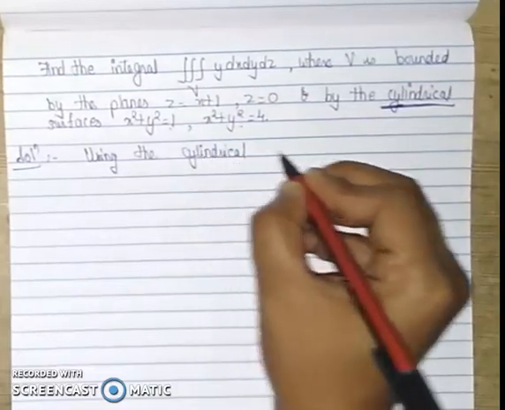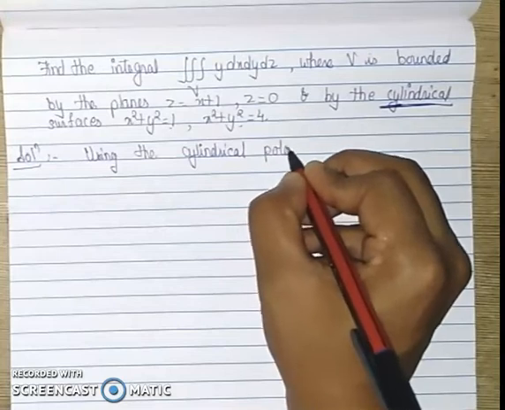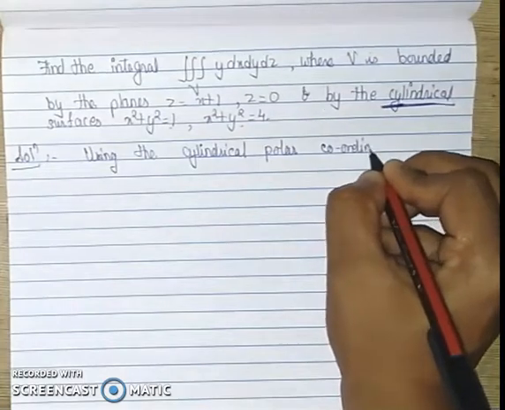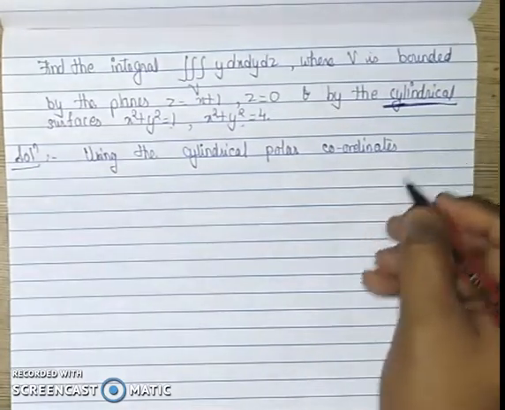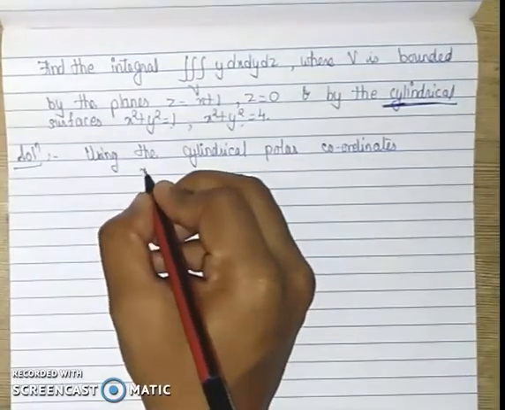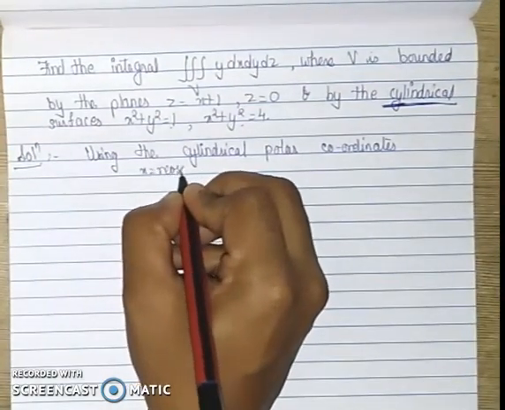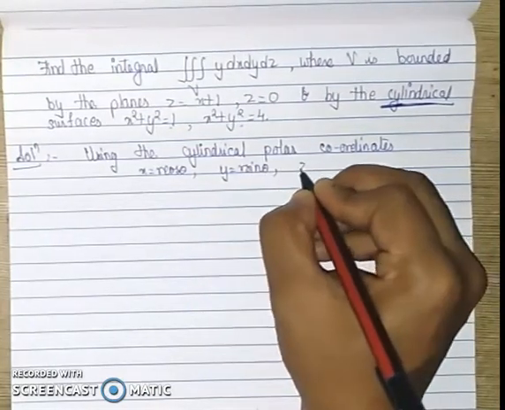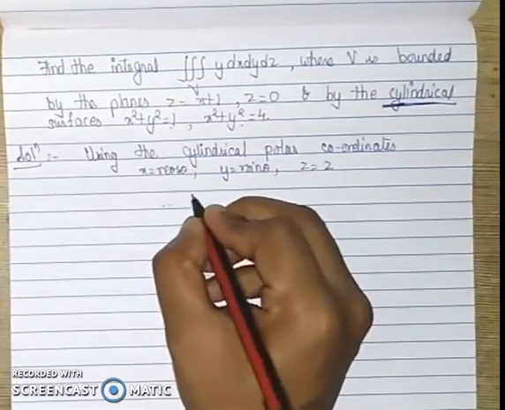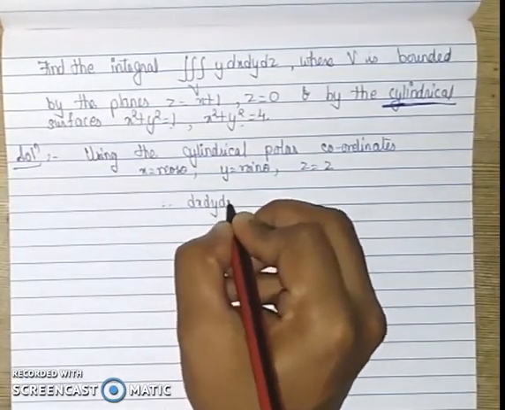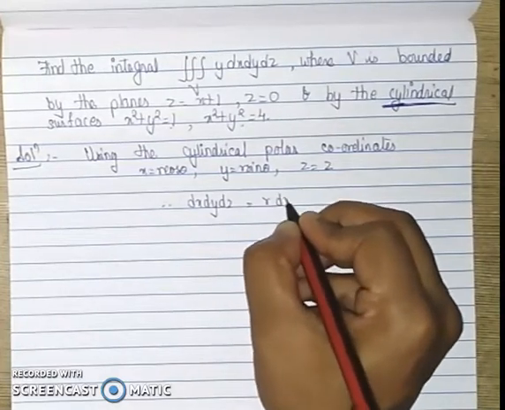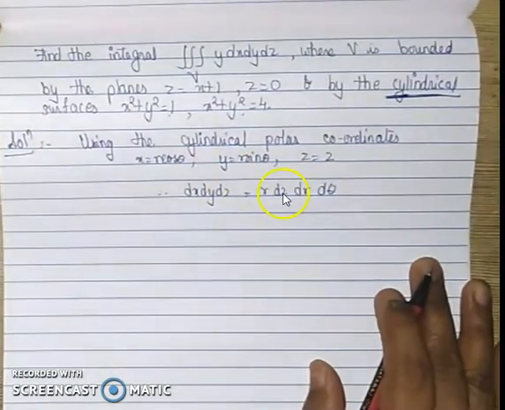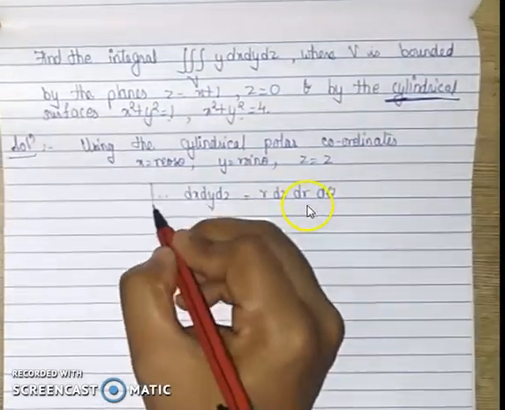The cylindrical polar coordinates are x equal to r cos theta, y equal to r sin theta, z equal to z. dx dy dz is equal to r dz dr d theta. Remember, for cylindrical polar coordinates, we'll prefer using this order: first z, then r, then theta.